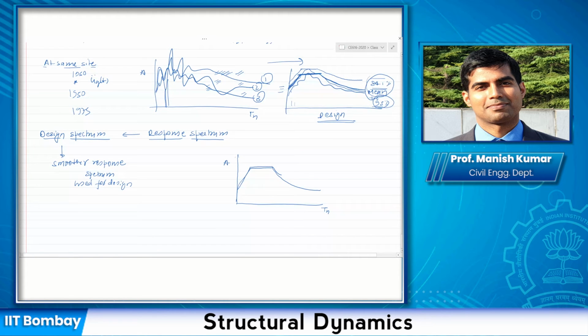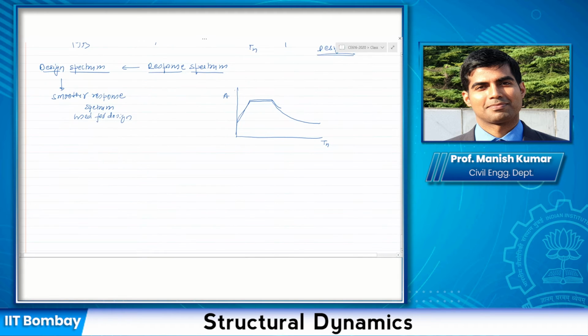Each location would have a unique seismic response spectrum associated with it depending upon its seismic zone. For example, India has been divided into 4 seismic zones, and it starts with 2. There is no seismic zone 1. Seismic zones 2, 3, 4 and 5.